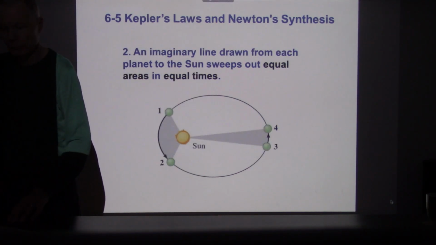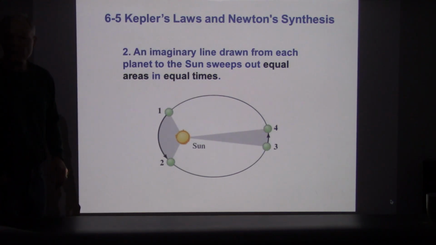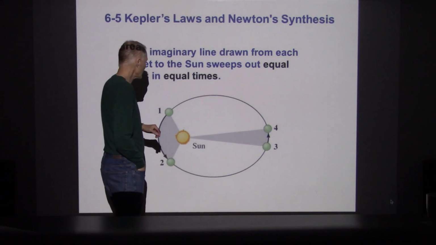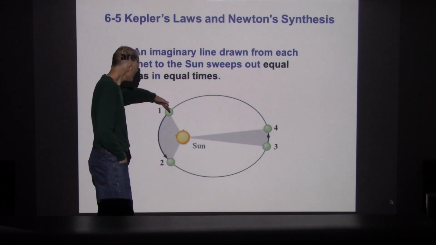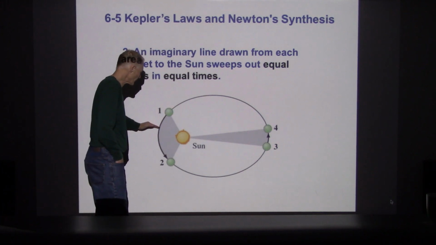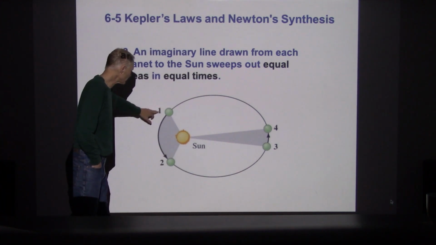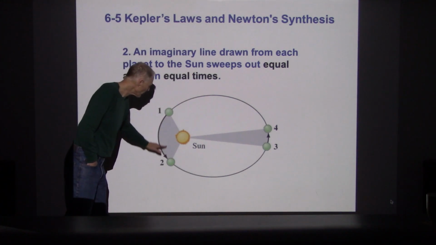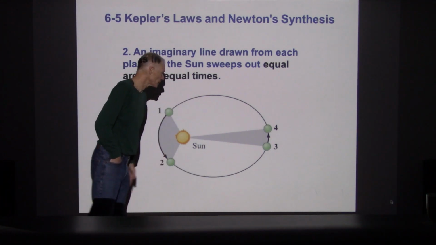And then, what Kepler found, this is kind of interesting, is that if we measure equal time periods, let's say we follow this planet for a couple of months, and we find out it has traveled this far in its orbit.